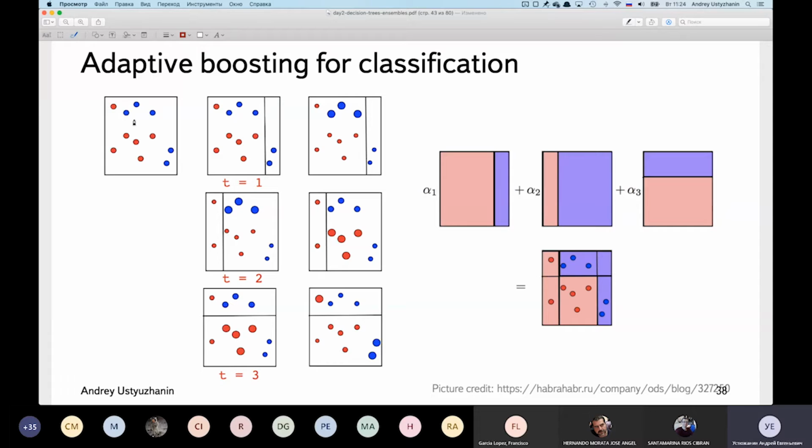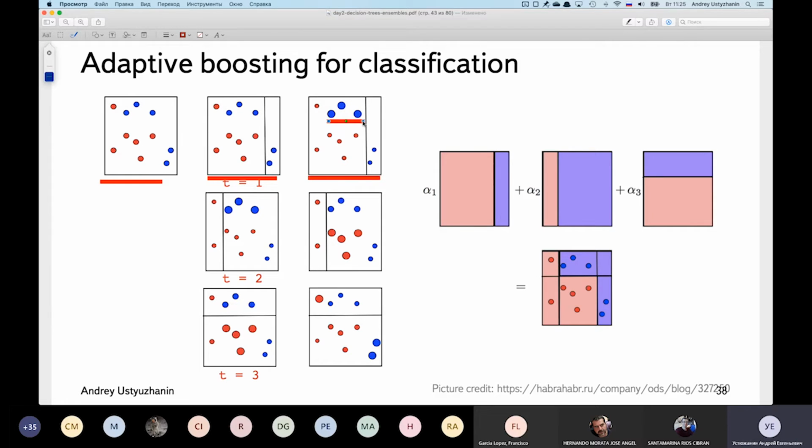This is the initial state. Then we compute the error, and this error magnifies misclassification quite significantly.